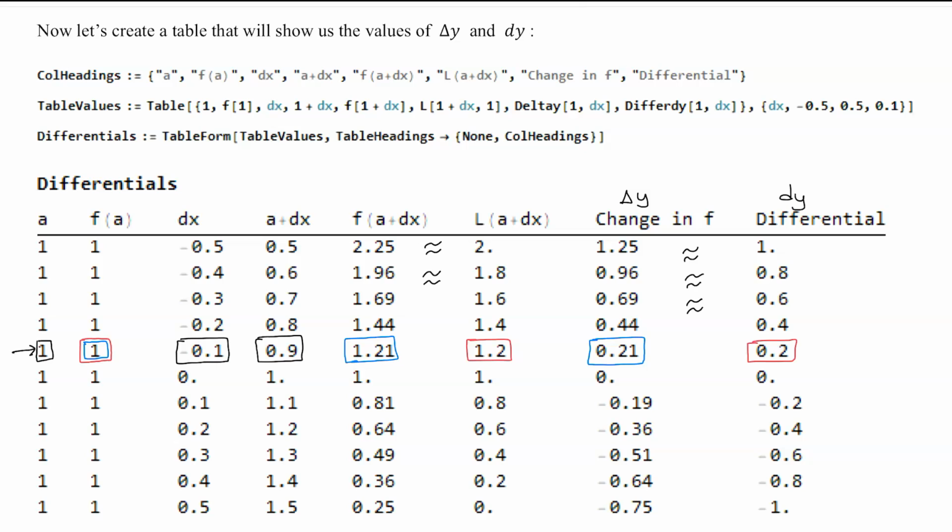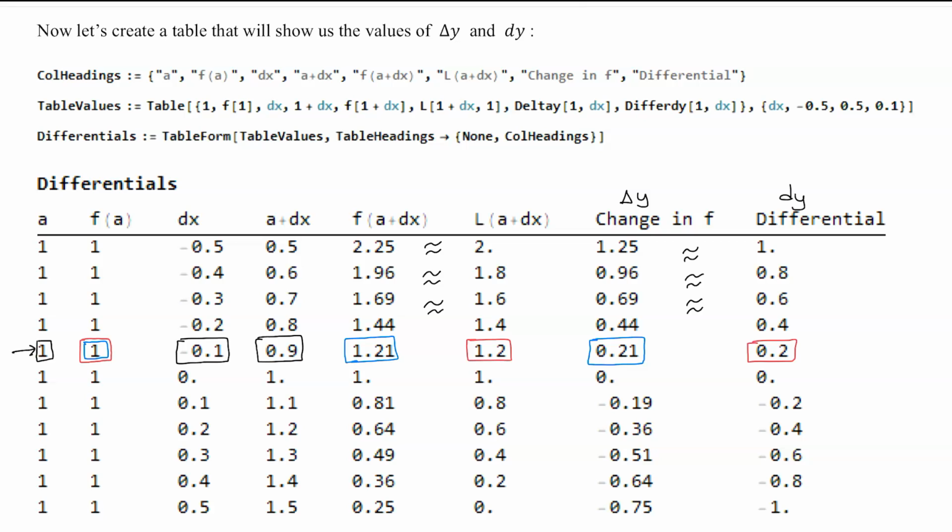So I could put approximately's in here, or I could put approximately's here. So remember, we're using the tangent line as an estimate for where I would be on the function.